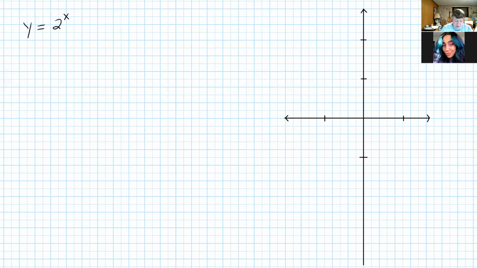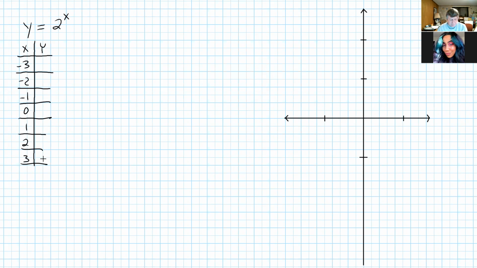Well, as I said in the past, when I'm starting with a new function and just kind of exploring it, I like to start with x values going from -3 to +3. That doesn't mean that I stop there, but that's where I'm going to start. So let's take a look at what happens when we find these ordered pairs.